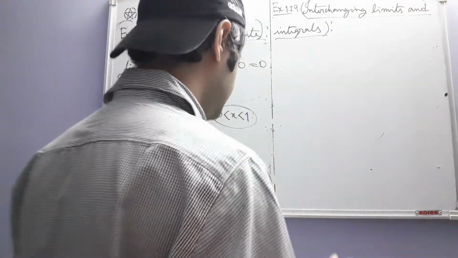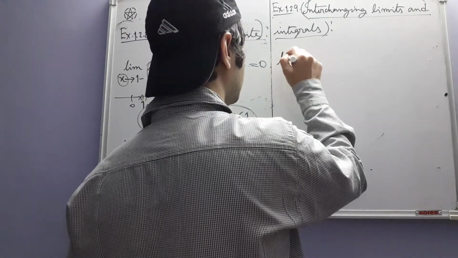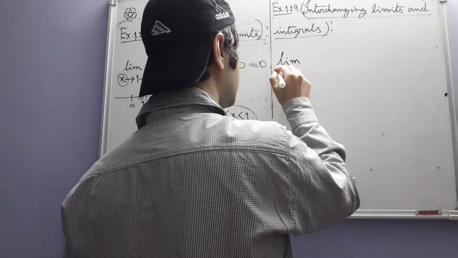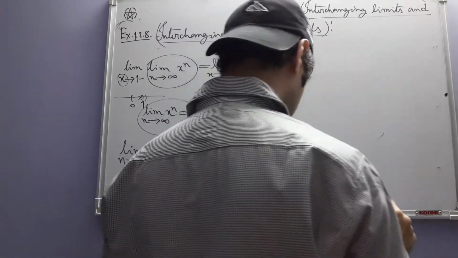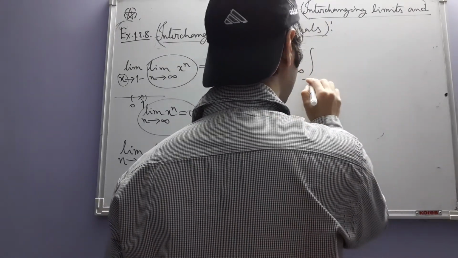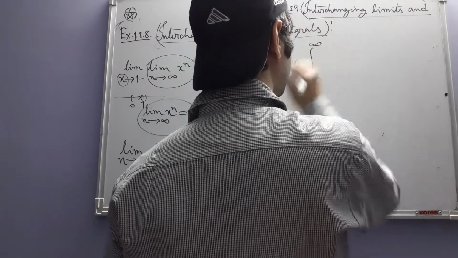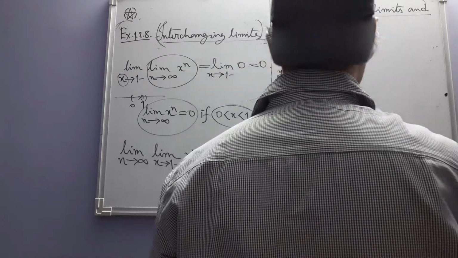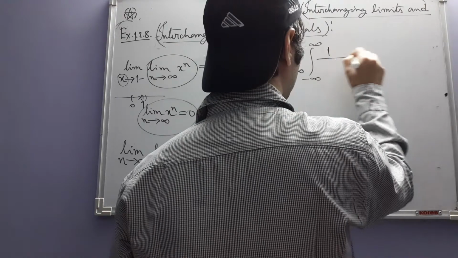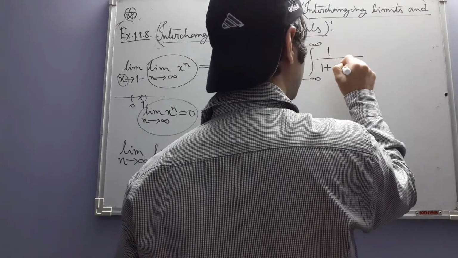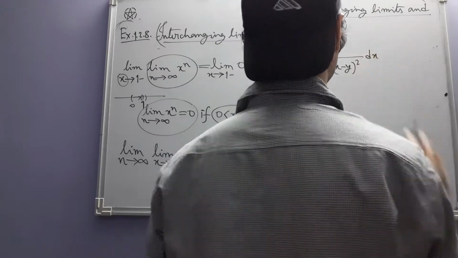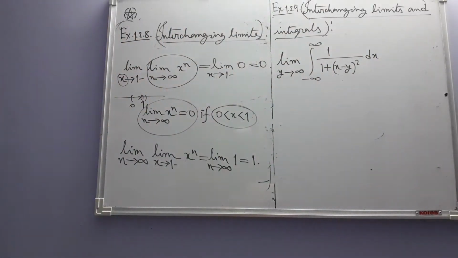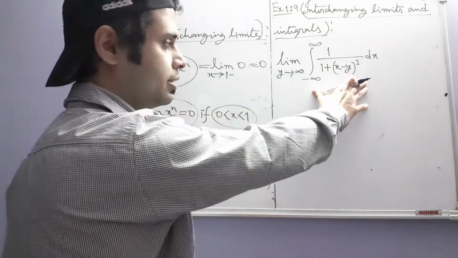So we consider this one. The limit as y tends to infinity of the integral from minus infinity to infinity of 1 by 1 plus (x minus y) whole squared dx. What about this limit of an integral? First of all, of course, we will calculate the integral.